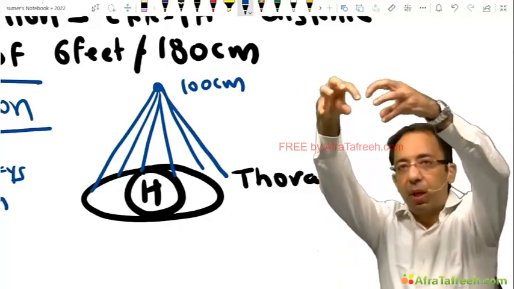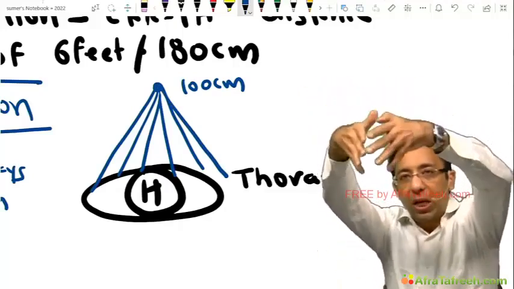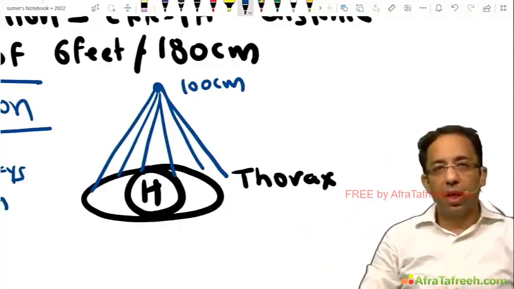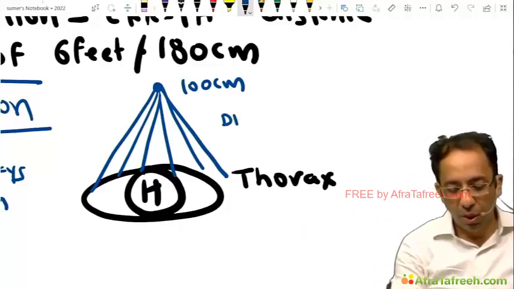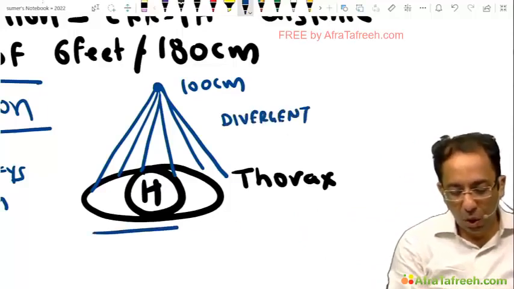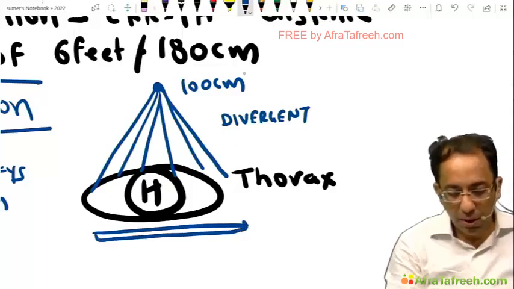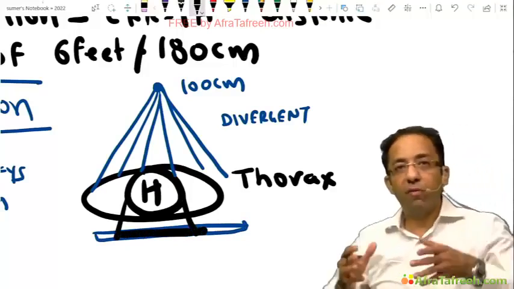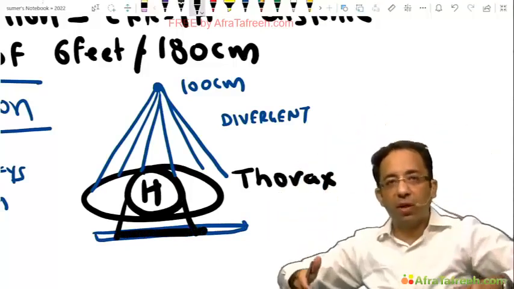So the X-ray beam is coming from a source in a divergent manner and covering the thorax. If the rays are divergent, on the film, the central part gets magnified.